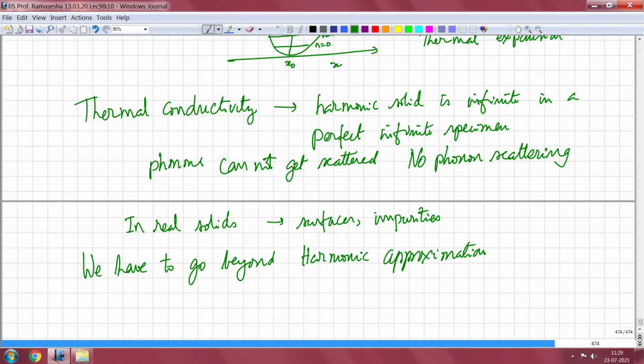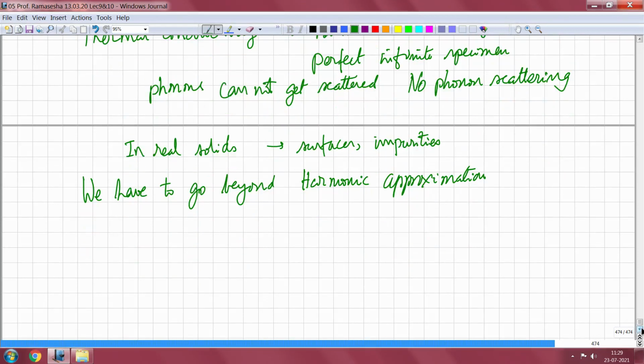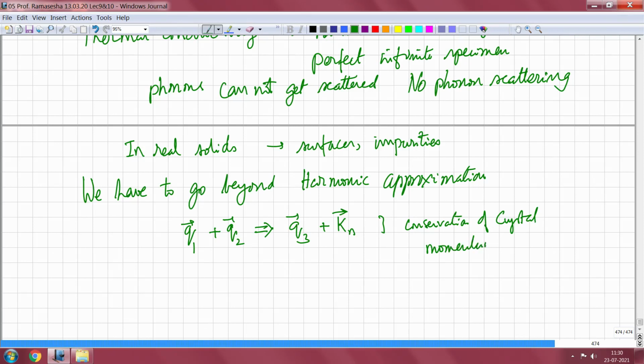If you assume that the harmonic approximation is a 0th order approximation, then phonons of momenta q1 and q2 can interact to give a momentum q3 plus some reciprocal lattice vector kn. This is the conservation of crystal momentum, which in a way you can take as momentum conservation.